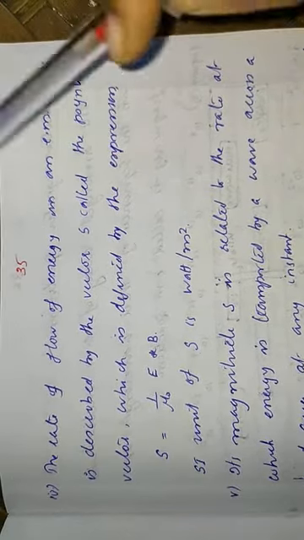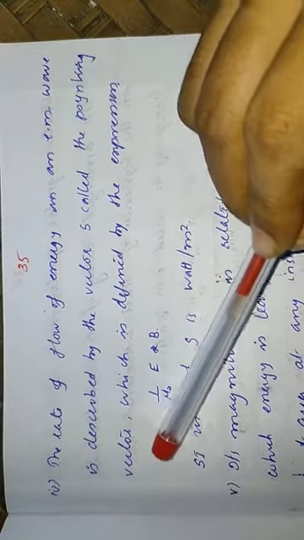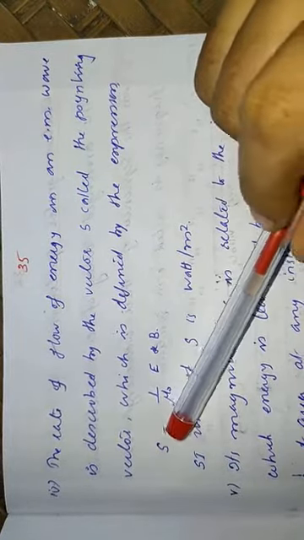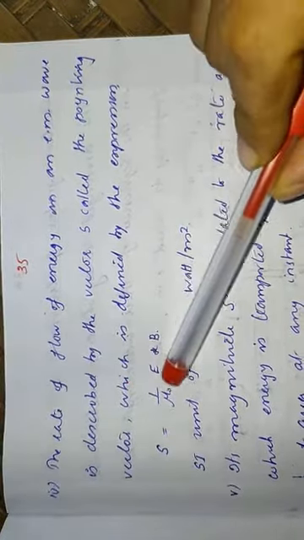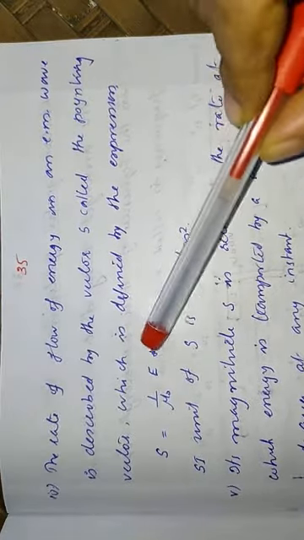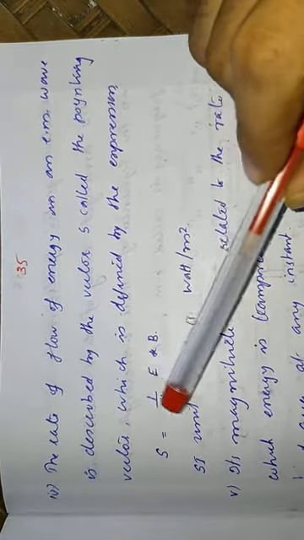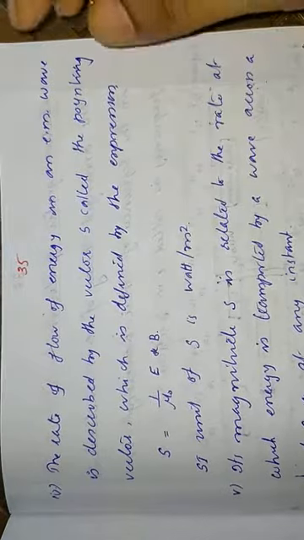That is, when an electromagnetic wave is propagating through a medium, the rate of flow of energy is represented by the vector S, which is known as the Poynting vector, which will be the product of this electric field and magnetic field vector divided by mu 0.